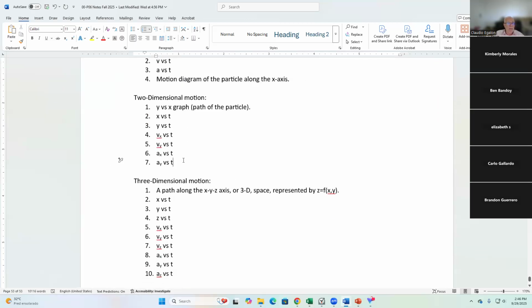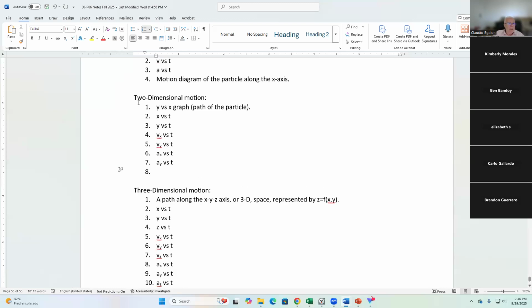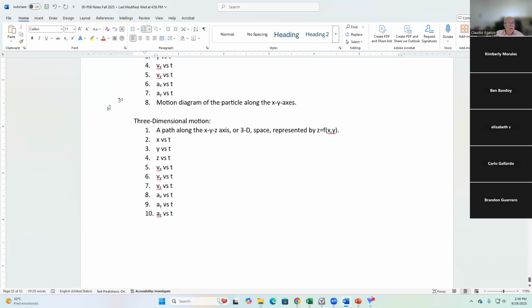We can also have a motion diagram in the two-dimensional space, but that's a little more difficult to visualize. Let's write it down: motion diagram of the particle along the XY space, and along the XYZ space.